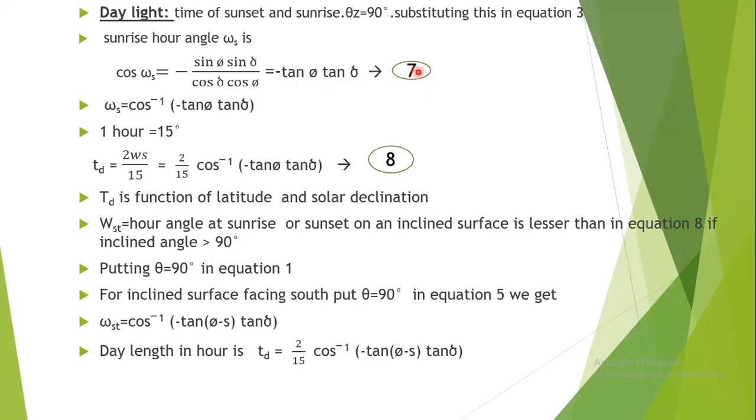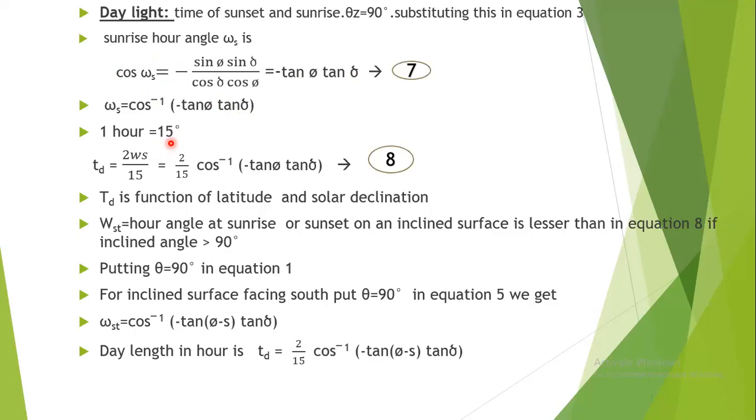Making it the seventh equation. If you write only omega s, cos comes to this side, so omega s is equal to cos inverse of minus tan phi tan xi.